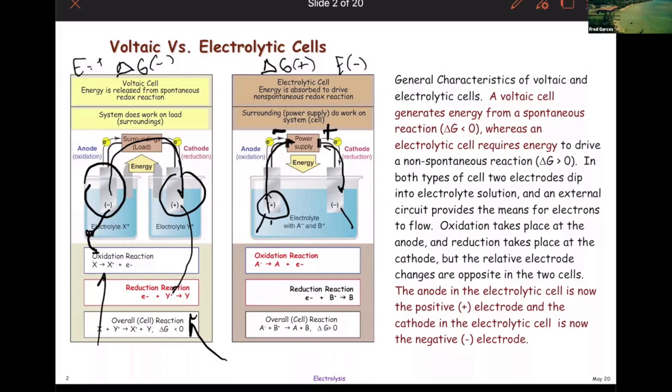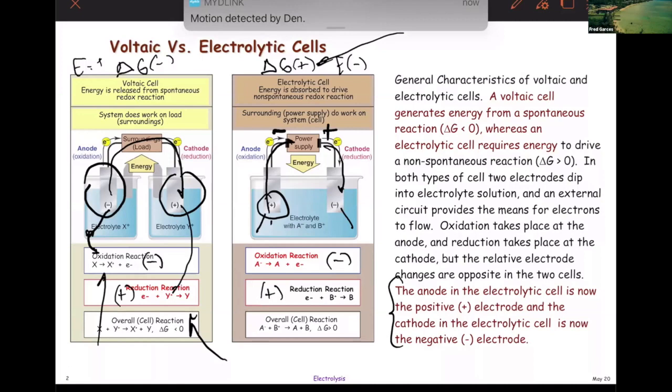In an electrolytic cell, the anode is positive and the cathode is negative. Okay, that's one of the main differences. The other main difference, here it is right here, is that delta G is positive for the electrolytic cell and delta G is negative for a voltaic cell.